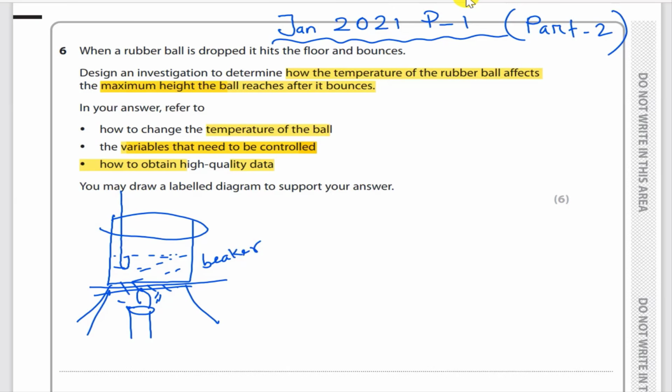There is a thermometer. Thermometer is used to measure the temperature. Here a water bath is used. So how to change the temperature of the ball?